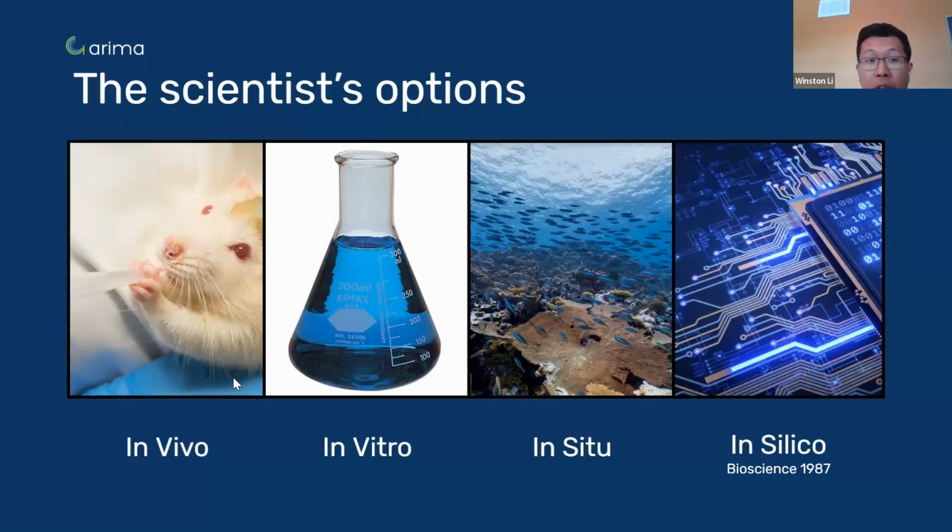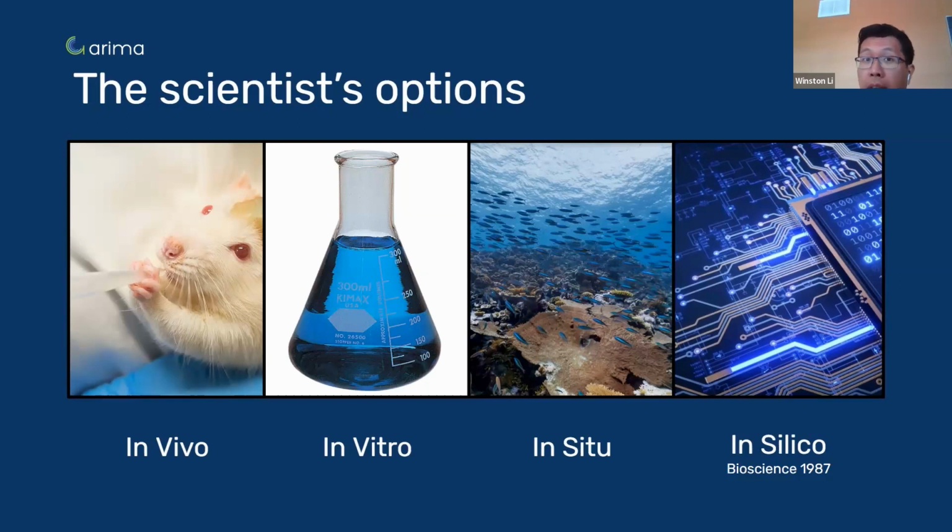In vivo means you run some experiment on a live agent like a mouse or a rabbit. In vitro means you do the experiment in test tubes. In situ means you do it in a real live environment, like you have a little bit of land and you do an in-field experiment. And finally, in silico means in the computer, or as a computer simulation.